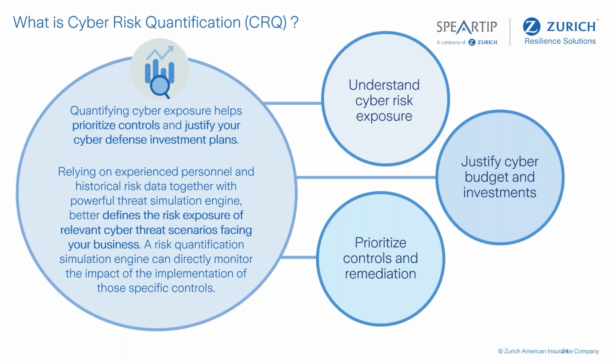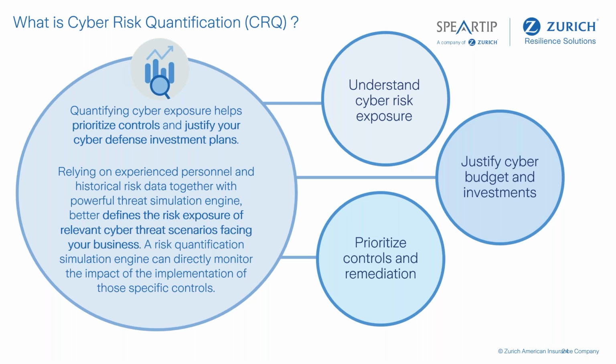Risk quantification is essentially trying to help quantify what is more of a qualitative type of risk. This is helping to define the risk and exposure of relevant cyber threats and scenarios facing your business. A risk quantification simulation engine can help directly monitor the impact and implementation of those controls, and then helps prioritize and justify your cyber defense and investment plans.